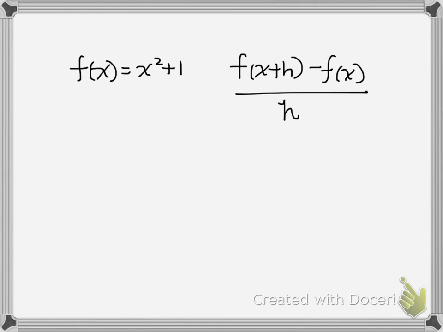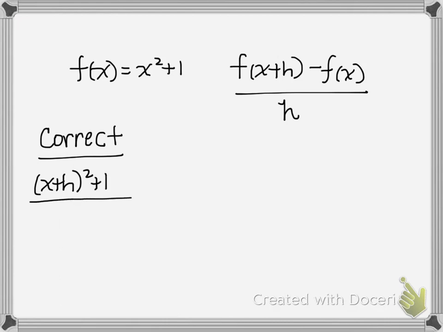So here's the error that I see, and I'll place it next to the incorrect. So, well, here, first of all, I'll put the correct one down again. So here, this is correct. I would go x plus h squared plus 1, so that's f of x plus h, and then minus x squared plus 1 over h.